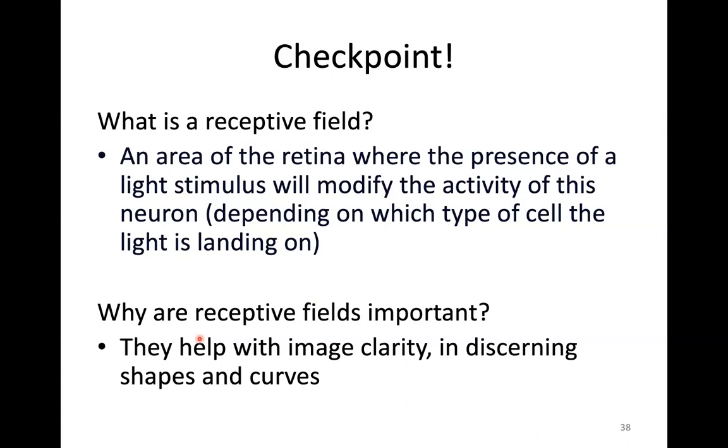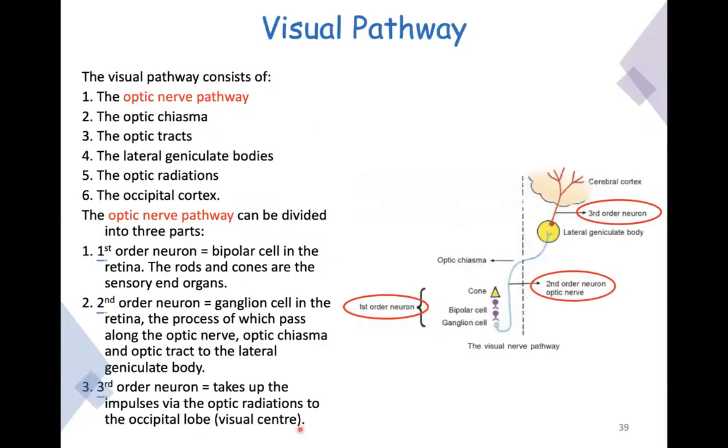Okay, let's move on. I think we are almost done with 3/4, or maybe I'm not sure actually. Let's see. All right. Now coming to maybe the most important part of this lecture, the visual pathway. Here we're going to discuss the normal pathway, and then we're going to move on to quickly discussing the pathologies of the pathway.